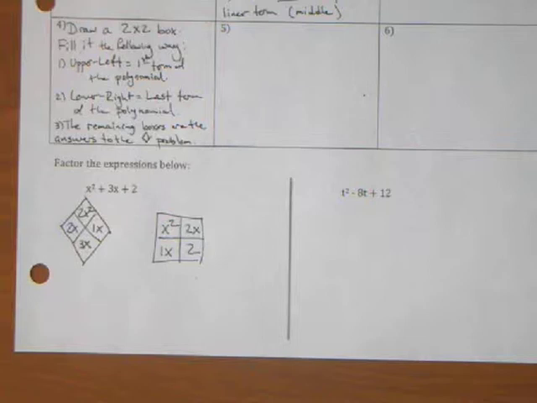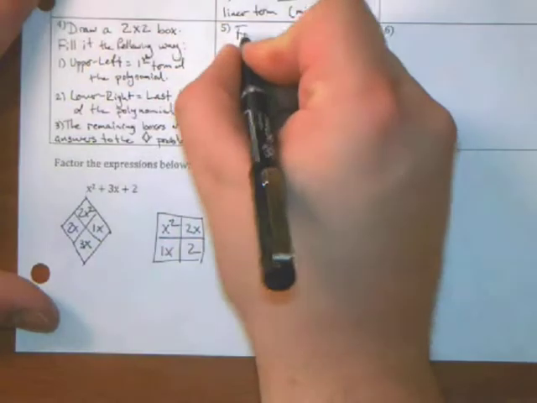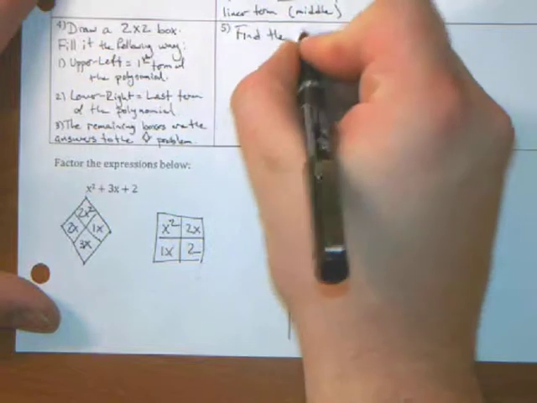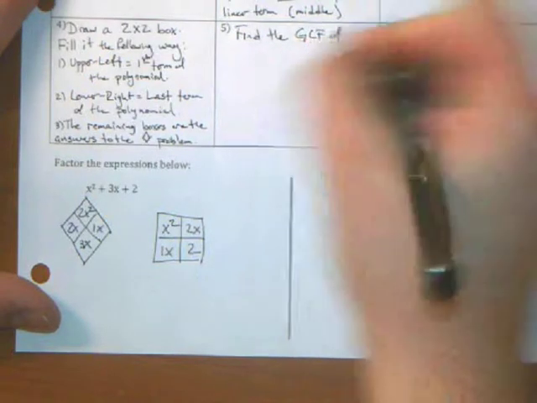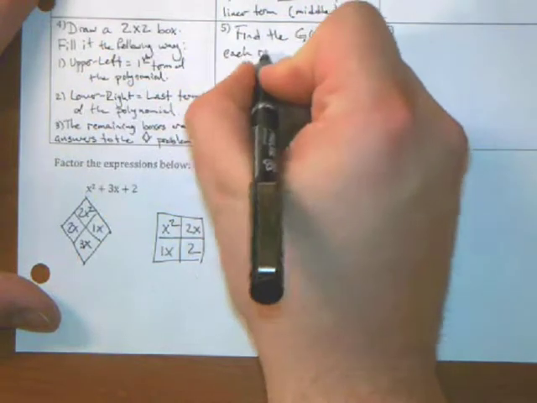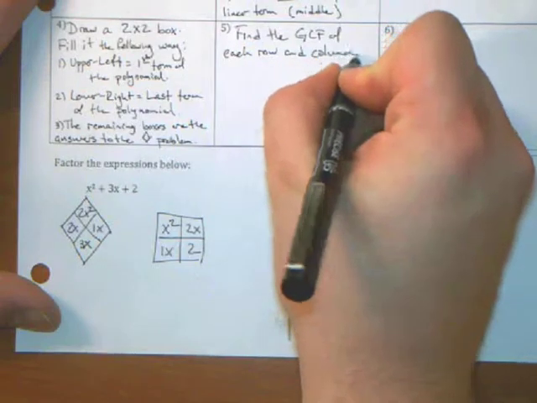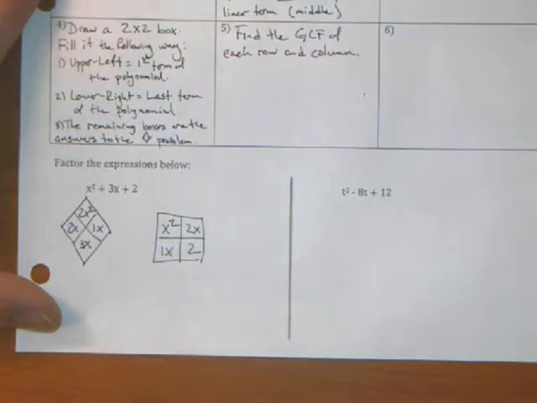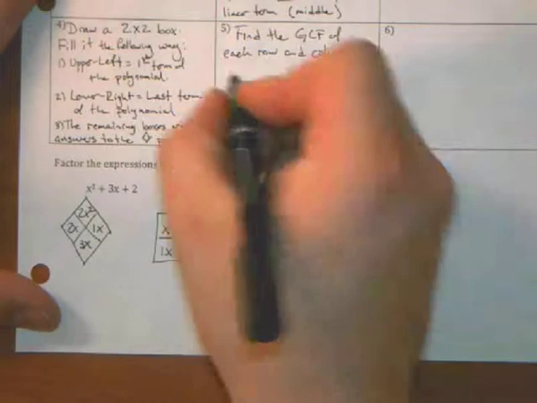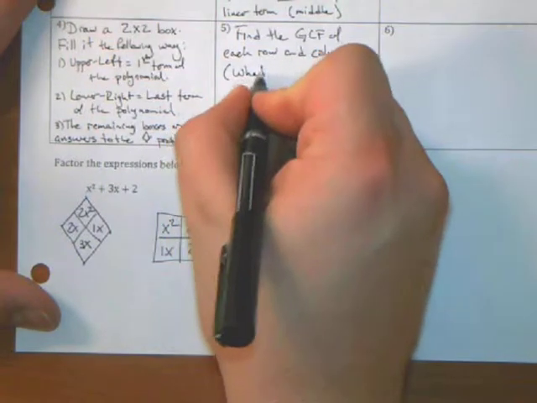Now it goes on cruise control. Step 5. Find the GCF of each row and column. That's what's in common.